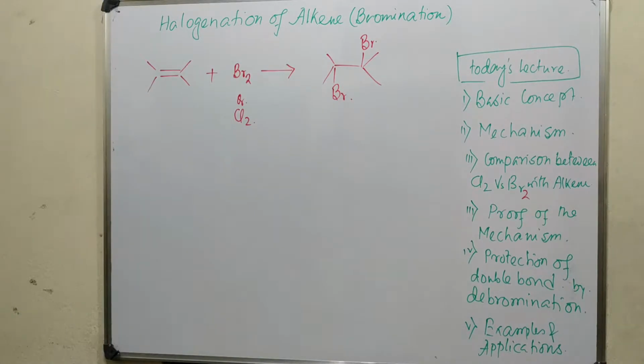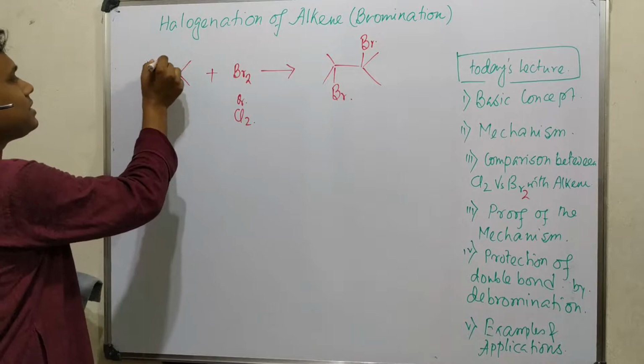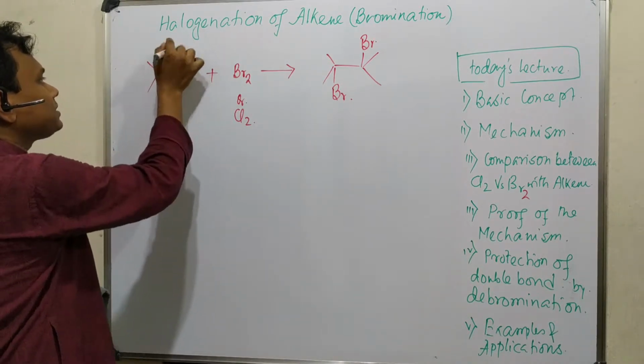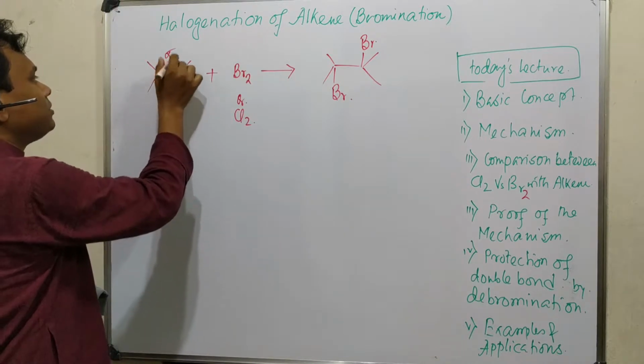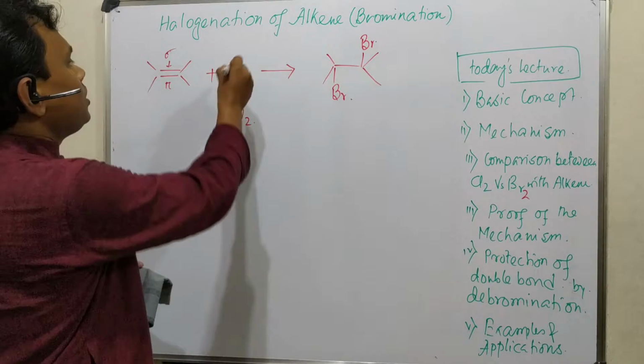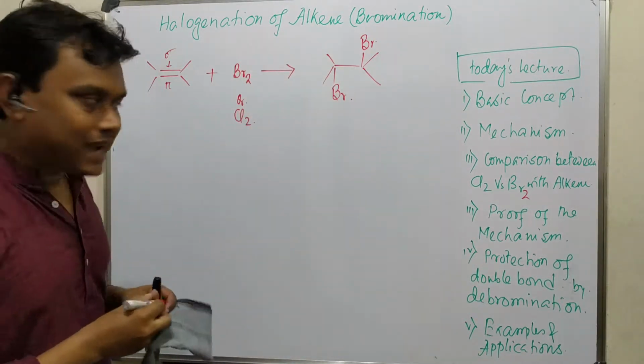Okay, so let's start. Now as you can see, this is a double bond, means it's a sigma bond as well as a pi bond. This double bond is made of this part. It reacts with bromine and chlorine to produce this. How does this react?